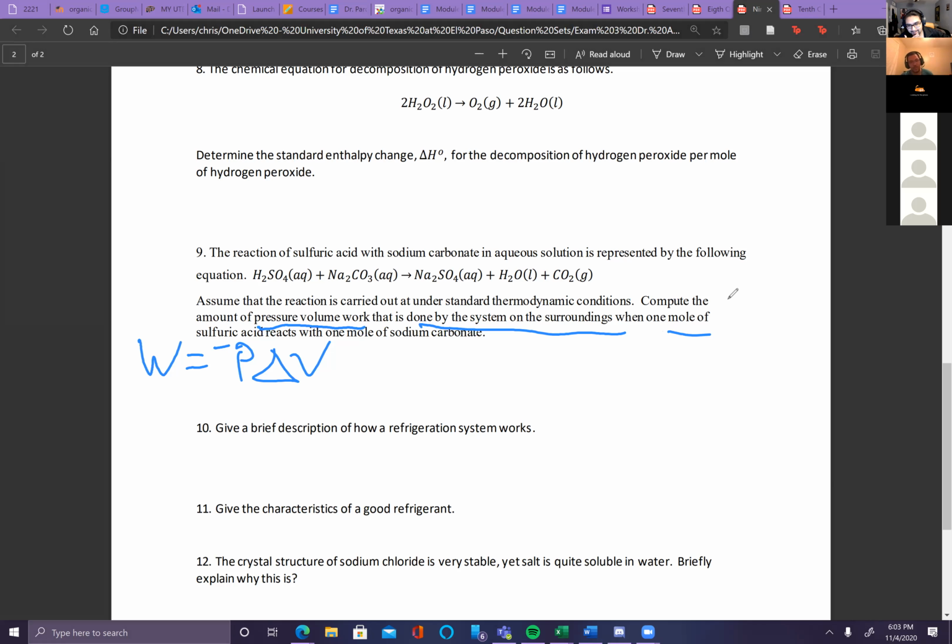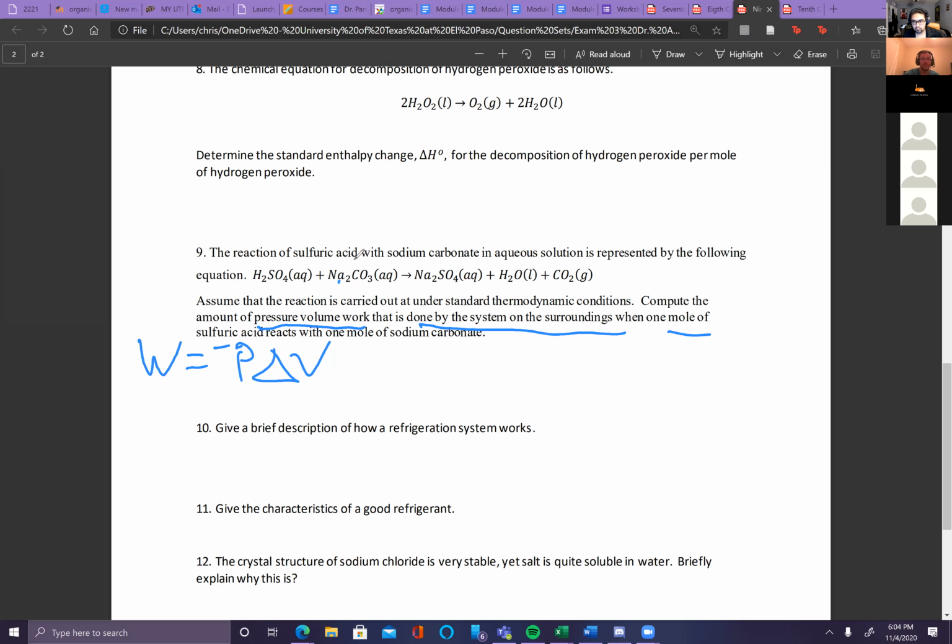Does anyone remember what the standard thermodynamic conditions are? It should be in module 8 for you guys. It should be on 7 actually. But this is work, so I think it should be in.